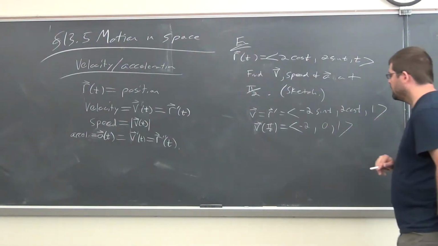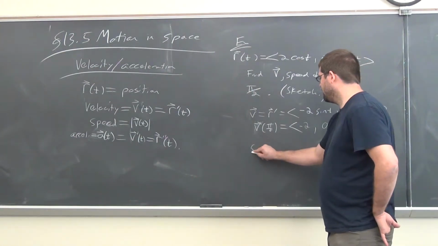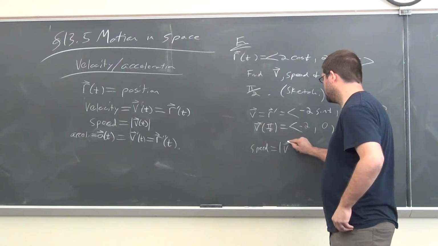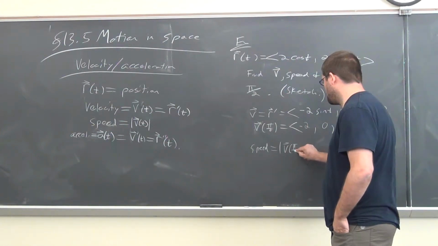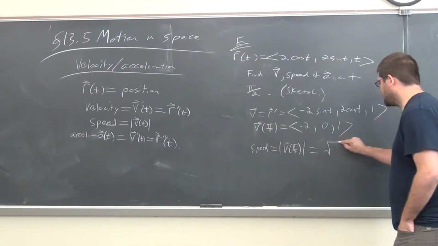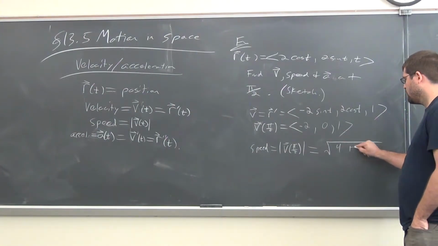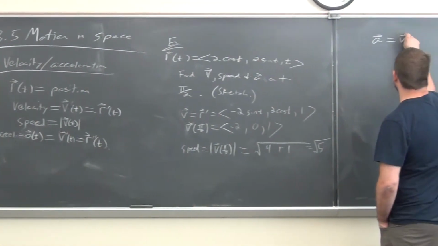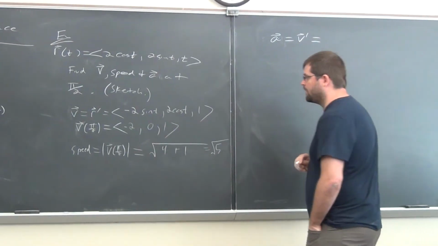All right. And then speed is just the magnitude of that, right? And so you get square root of 4 plus 1, so 5, square root of 5. Okay? And then acceleration is just derivative of velocity, so what's that?